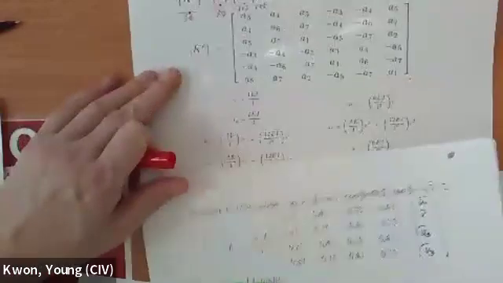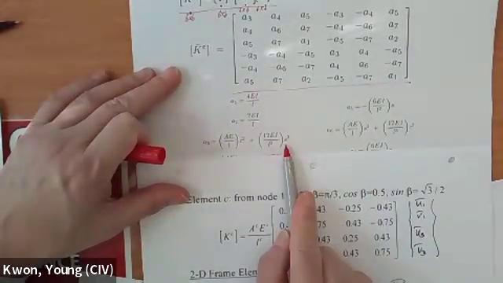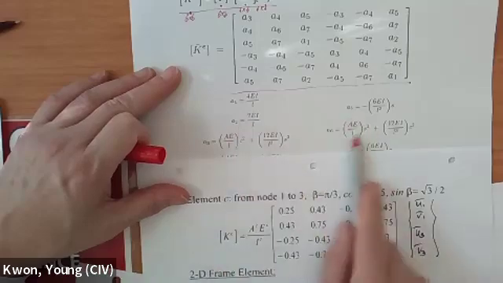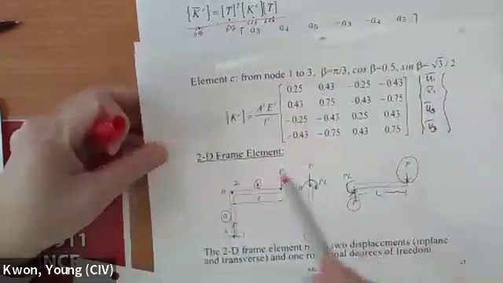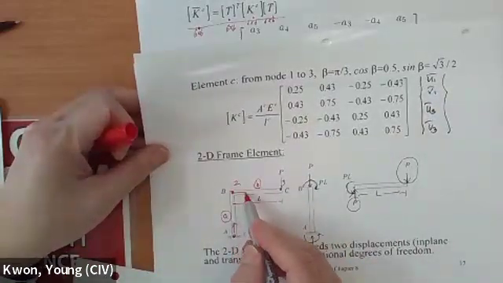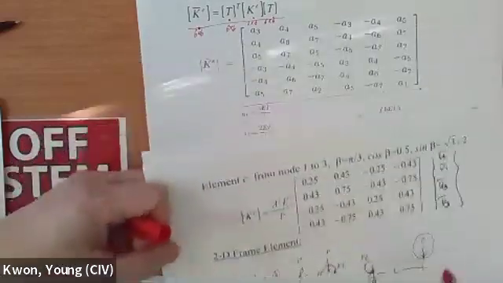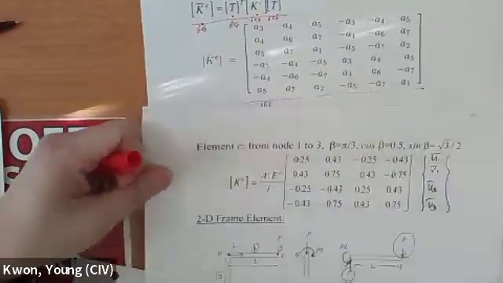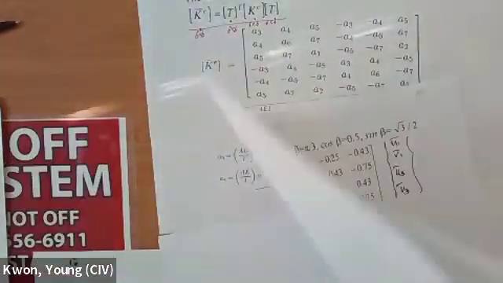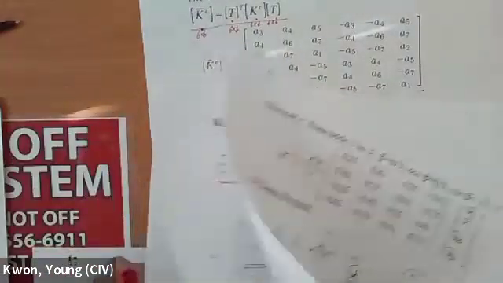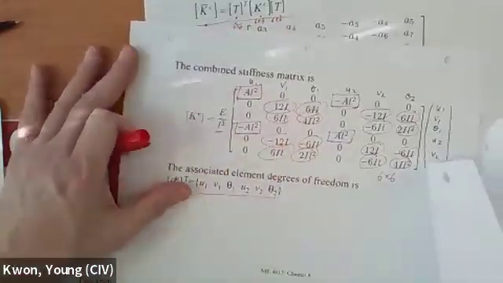So you have to calculate cosine 90, which is going to be 0, and sine 90 is going to be 1. So you calculate all of them for this matrix. And then for element B, if I take this as my local coordinate system, then the angle is going to be 0. So that means this is going to be the same as the original matrix we developed in the previous section. It's equal to that when the angle is 0 degrees.